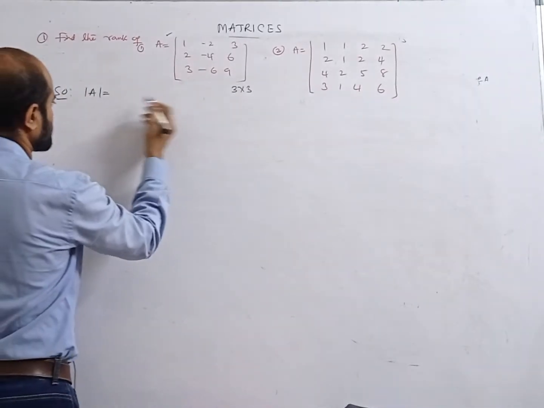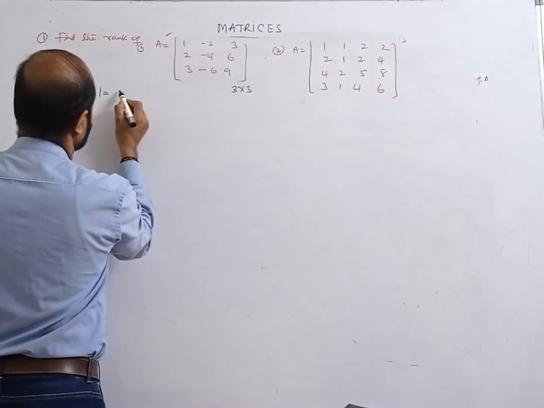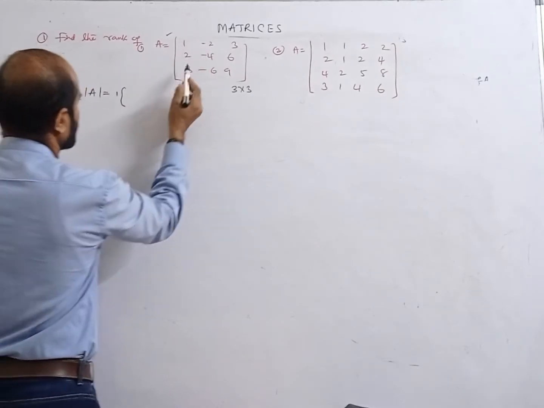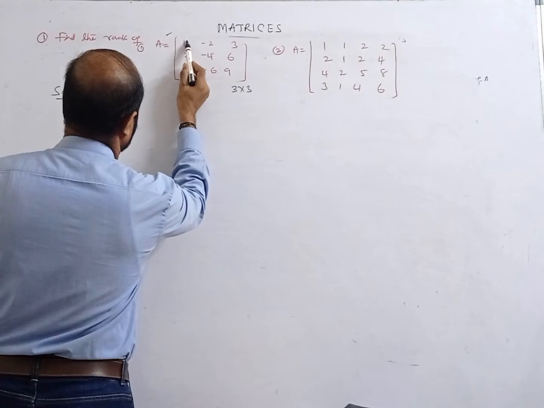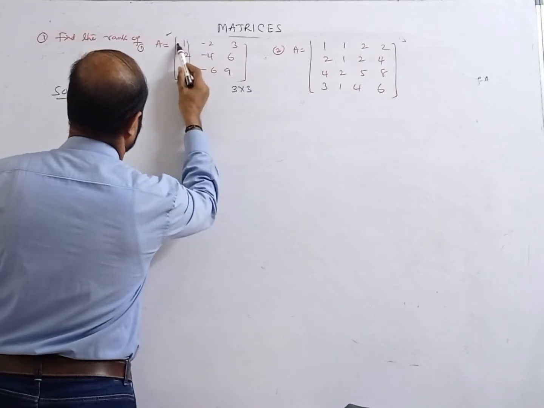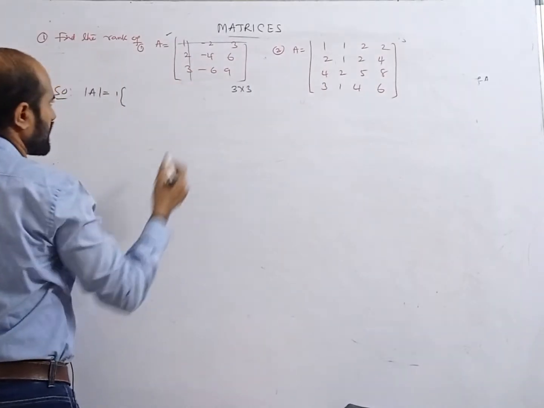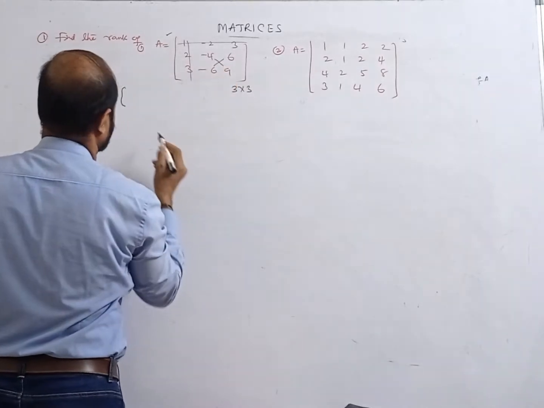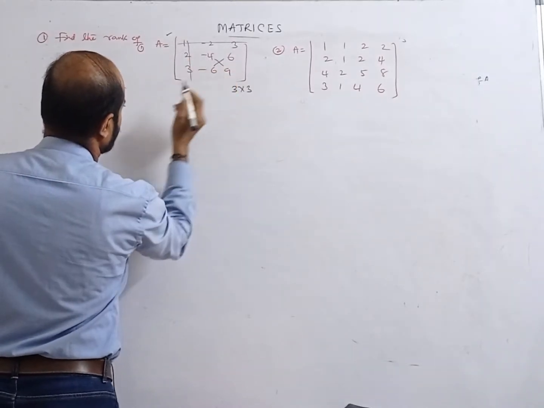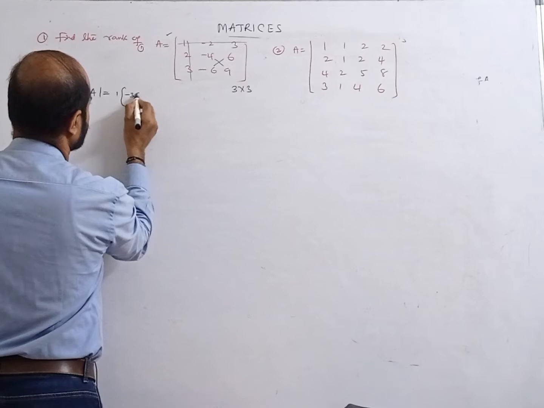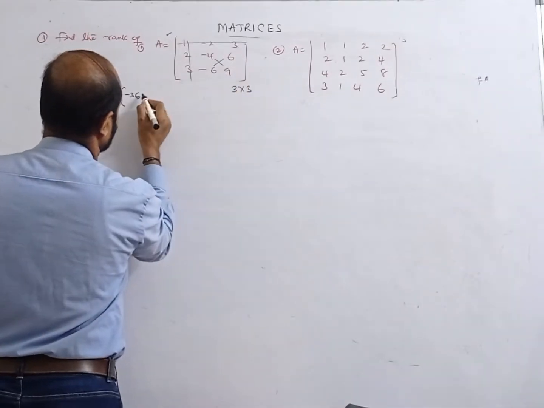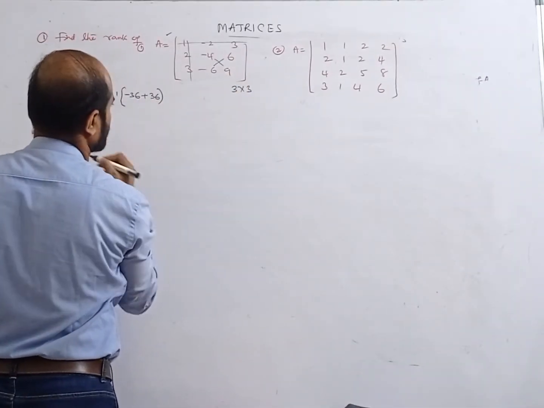See here, first of all the determinant of A. So you know, plus 1 into, cross out this column and this row and find this multiplication. So 1 into minus 4 into 9, that is minus 36, minus into minus, plus 36, right?